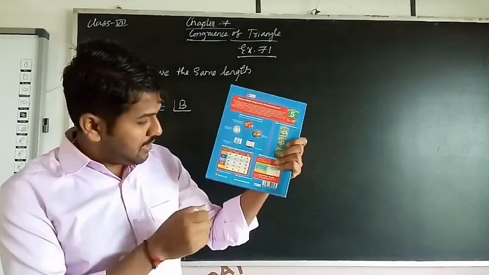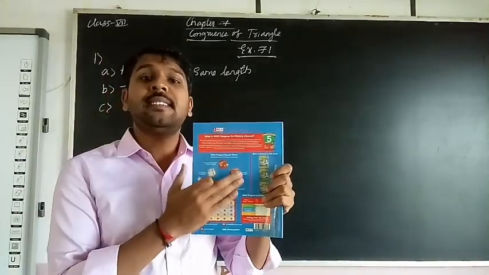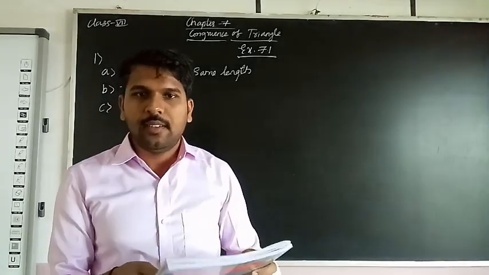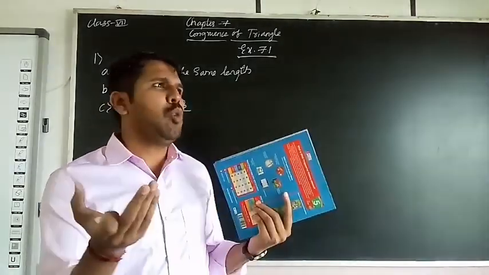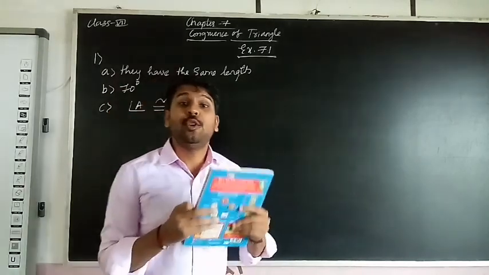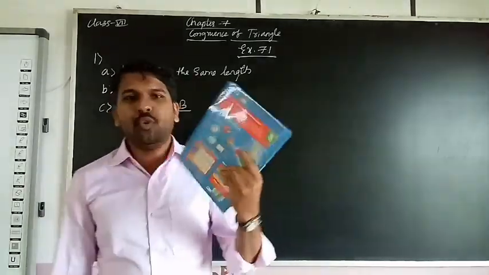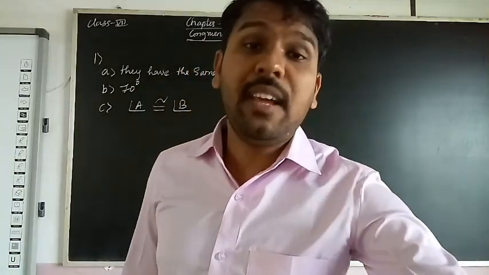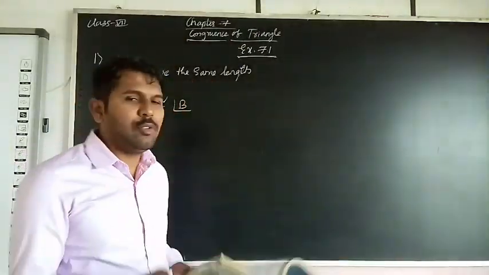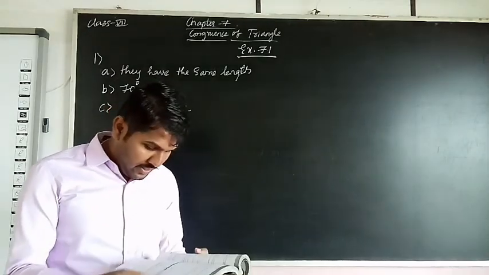That means they have the same shape and same size. Two pens, the same pen, like Montex or Reynolds, many pens are there. Pencils, new pencils. I have taken books. Take any real life examples of congruent figures and write down the answer to the second one. That is homework.